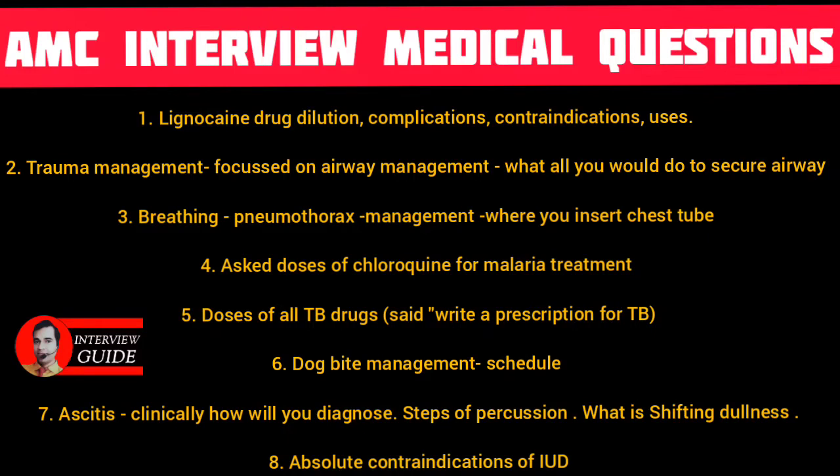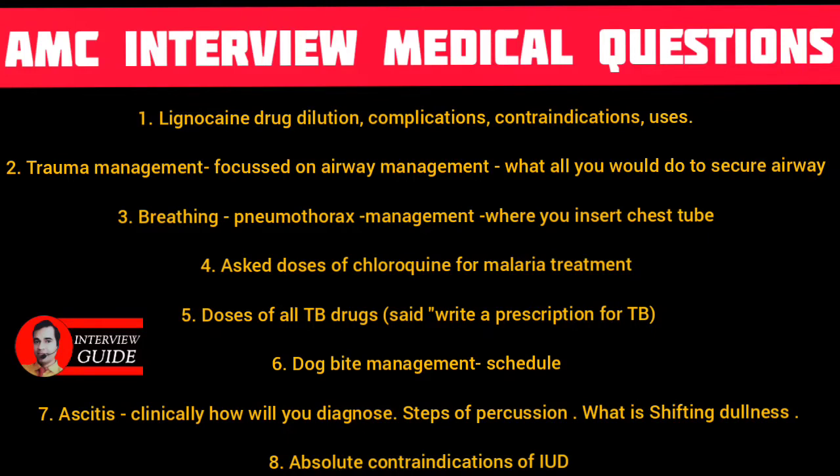The doses of all TB drugs. As per the new NTEP guidelines of 2022, the regimen is 2 HRZE plus 4 HRE. So the dosage for 2 HRZE will be as a daily dose: isoniazid 300 milligrams, rifampicin 600 milligrams, pyrazinamide 1500 milligrams, and ethambutol 1000 milligrams.